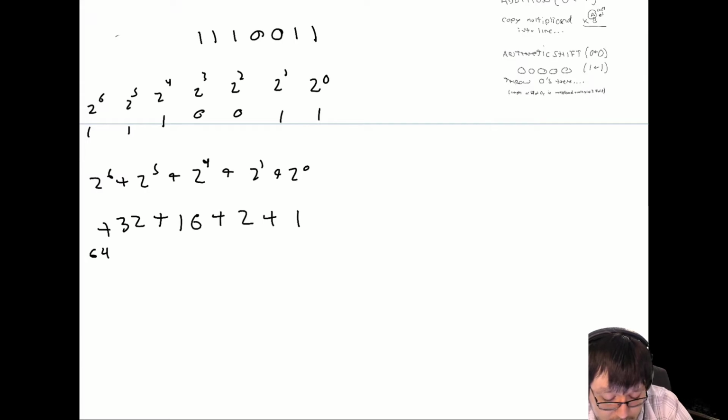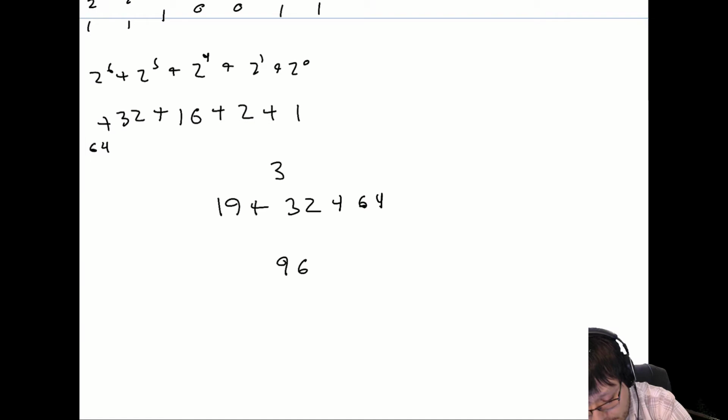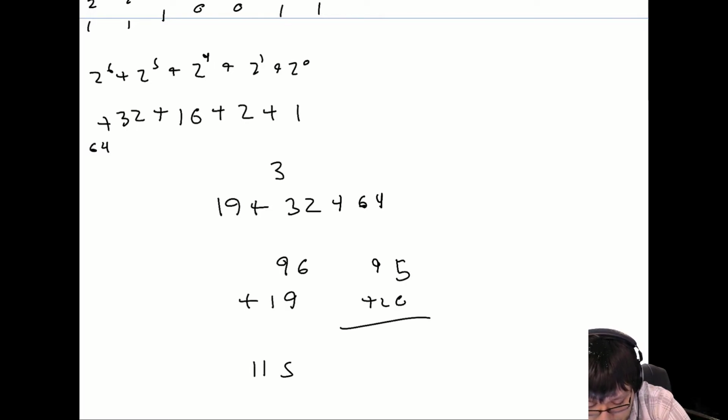Well, let's do the easy math first. 2 plus 1 is 3. And then plus 16 would be 19. So 19 plus 32 plus 64. 32 plus 64 is going to be 96. And then 19 plus 96 is basically the same thing as doing 95 plus 20, which would be 115, right?